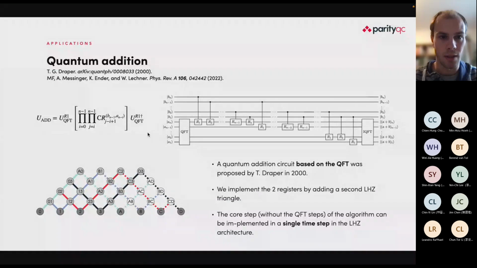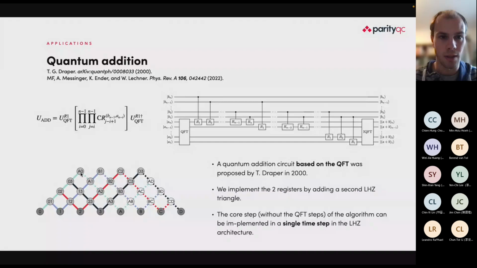And what we basically do is we add two registers A and B. For that, we have to add another LHZ triangle for the register B, and then another triangle, top down here, for representing the interactions, so the inter-register connectivity.